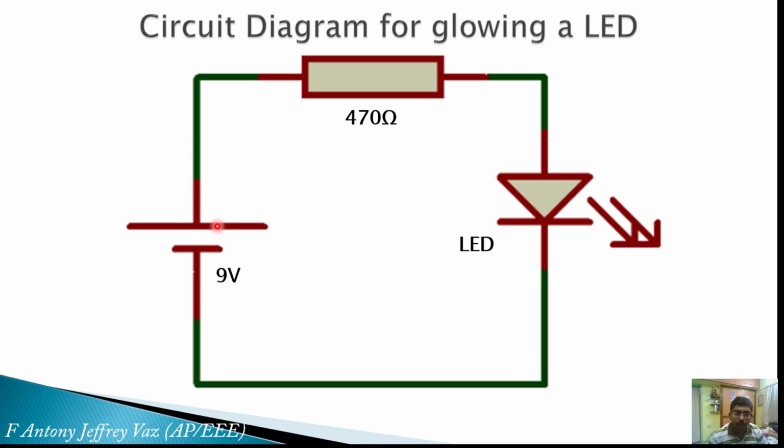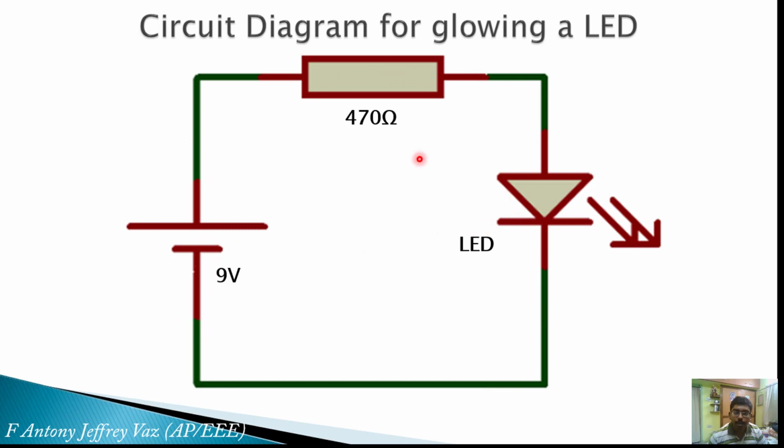The positive terminal of the battery is connected to the resistor, and the next terminal of the resistor is connected to the anode of the LED, and the cathode of the LED is connected to the negative terminal of the battery. So the electric current starts flowing in this direction, and the LED will start to glow.